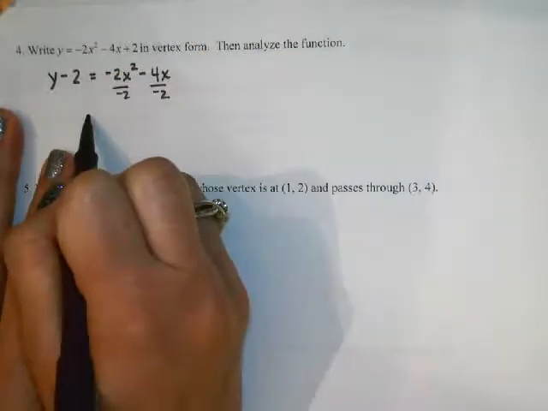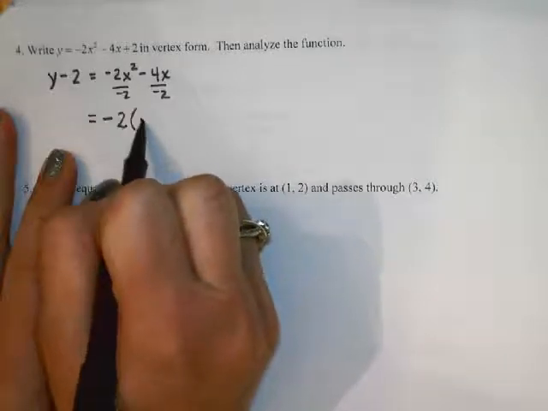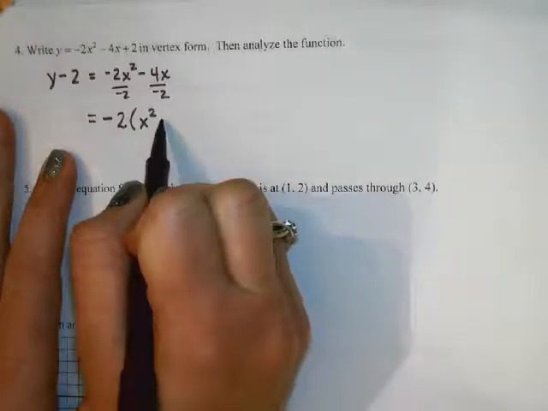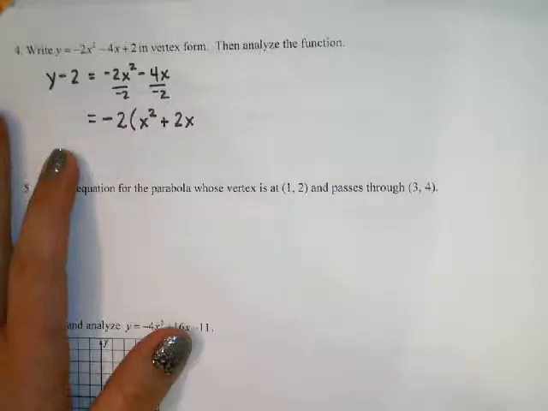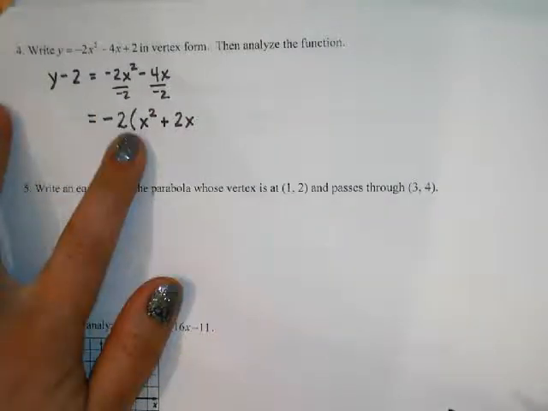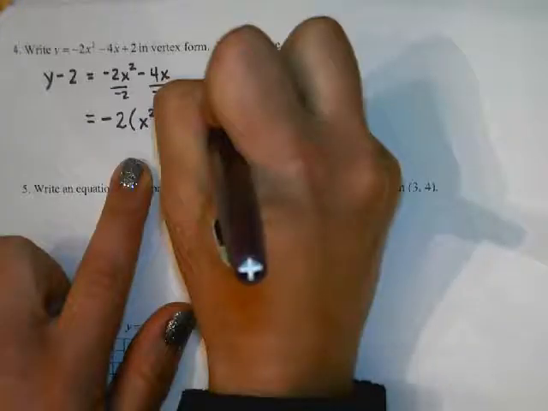So really what I'm going to do is I think about like factoring. I'm going to pull him out front. So I have x squared plus 2x like that. So I'm tricking him. Really, he does have a coefficient, but I'm just tricking him so that he doesn't think that he does. Okay? And now I'm going to add in my box.